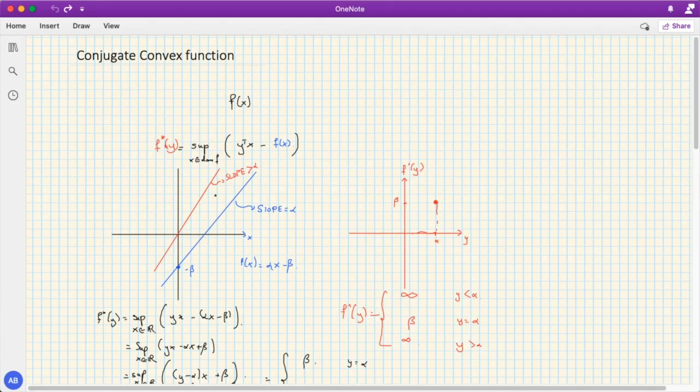And we're measuring the distance between a straight line and the actual function. We're taking the supremum of this distance. When they're parallel, you just draw a perpendicular line and measure the distance between the intersecting points.